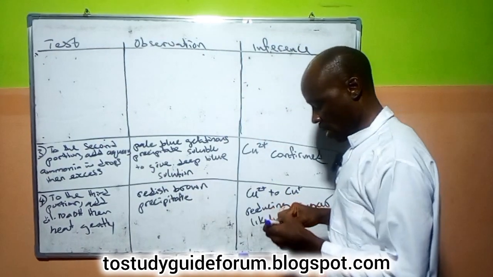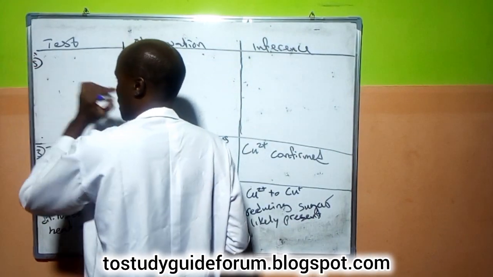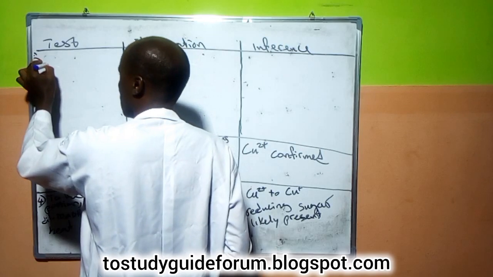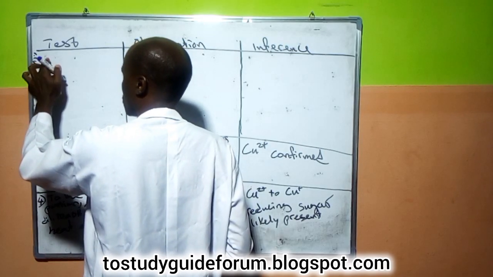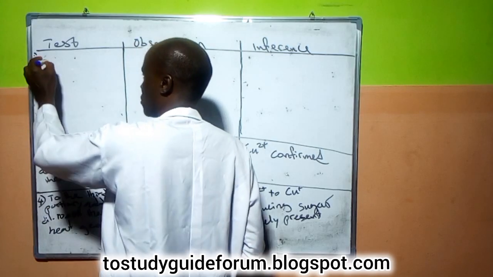So in this last one, we have the equation. What we're going to be doing here is, the third solution portion. How many portions do we have? We have about 1, 2, 3. The fourth portion.